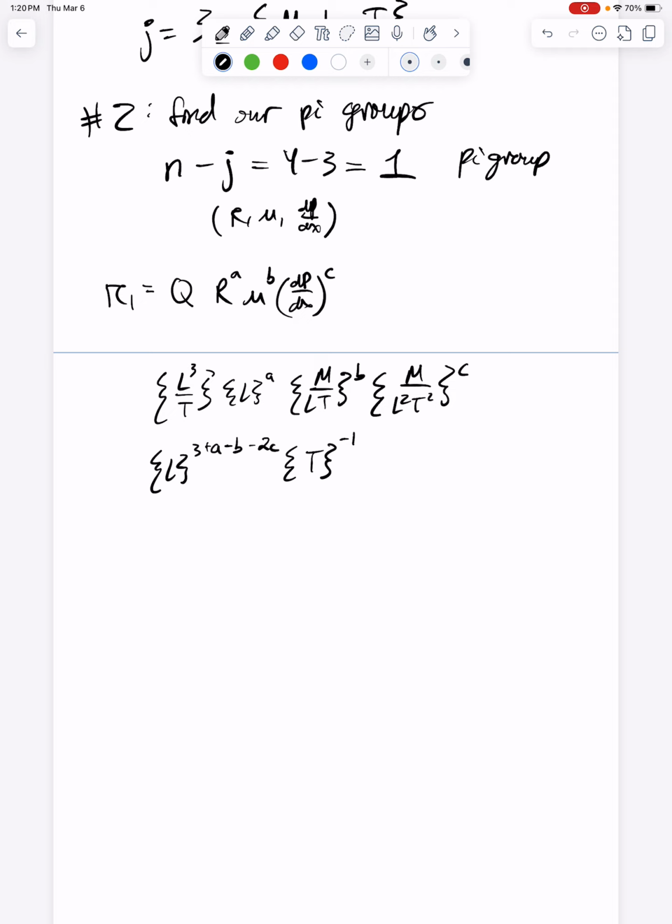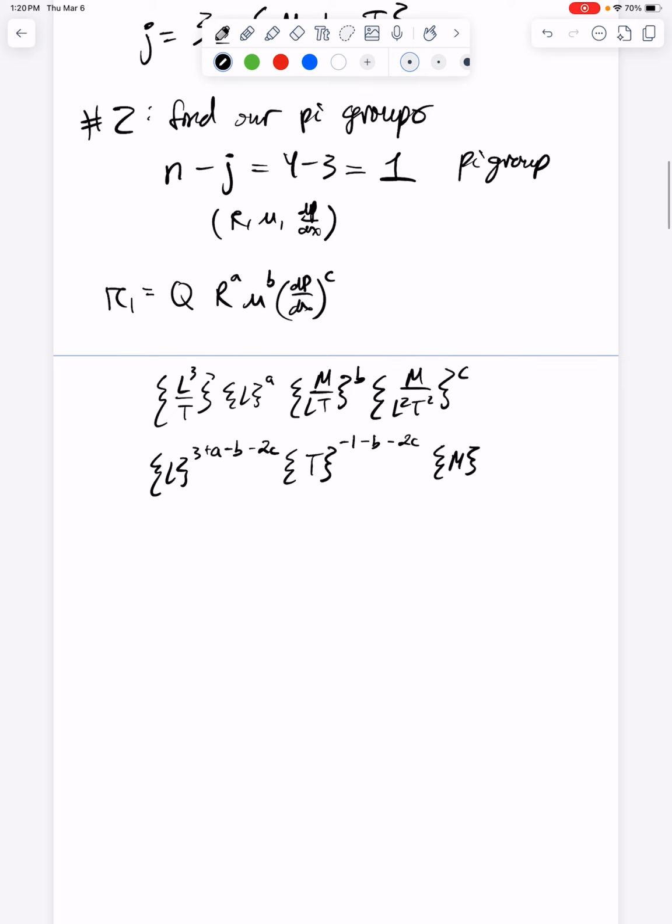Therefore, T would then be minus B for mu, and minus 2C for the pressure gradient. Lastly, we have M, unit mass. Unit mass is not involved with Q and R, but it is involved in mu and dp dx once again. Therefore, M is to the power of B plus C.